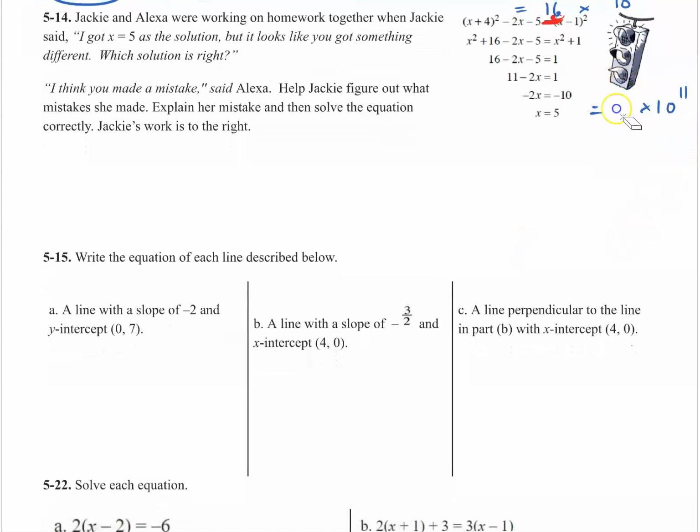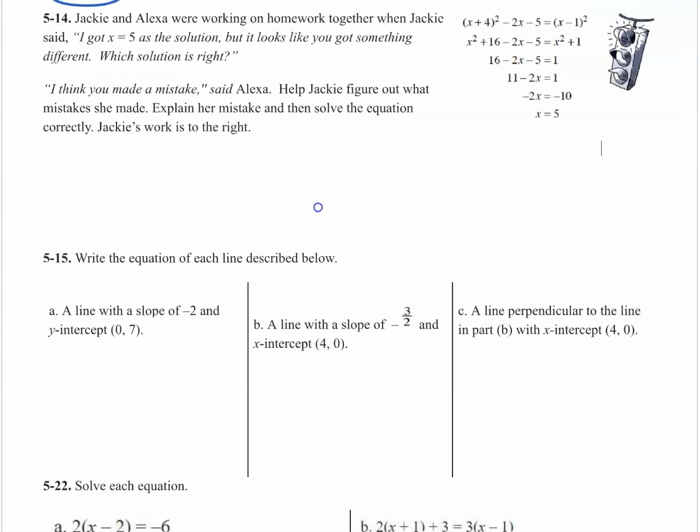Jackie and Alexa were working on this solution here, and someone made a mistake. It says that Jackie got 5, but Alexa disagrees. Let's check her work. (x + 4)² - 2x - 5 = (x - 1)². So to solve these, you need to use FOIL, of course. Don't forget that (x + 4)² is equal to (x + 4)(x + 4).